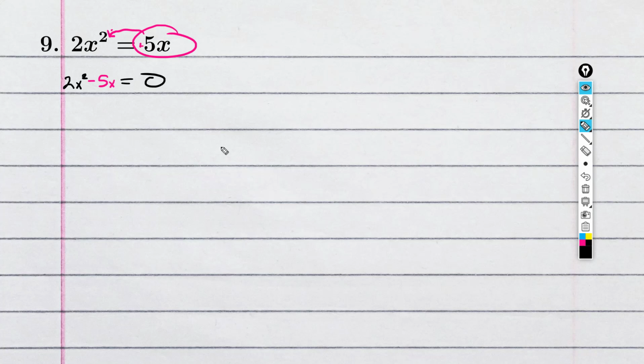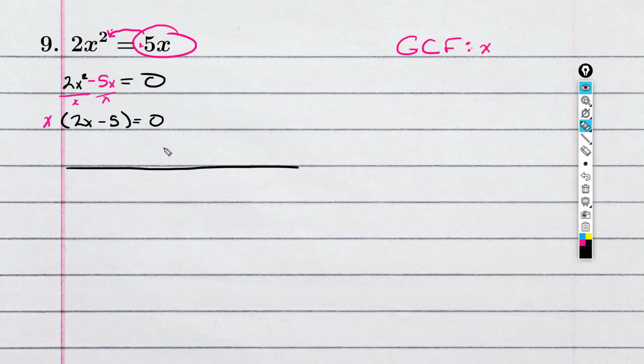Now let's look and see if we can figure out if we have any GCF. And so a GCF is going to be something that divides into both terms equally. And so there's not a number that can divide into both 2 and 5, but there is an x. So I'm going to factor out that x, and that gives us to where we're left with 2x minus 5 in the parentheses equals 0.